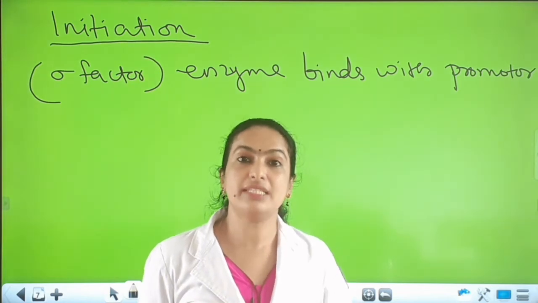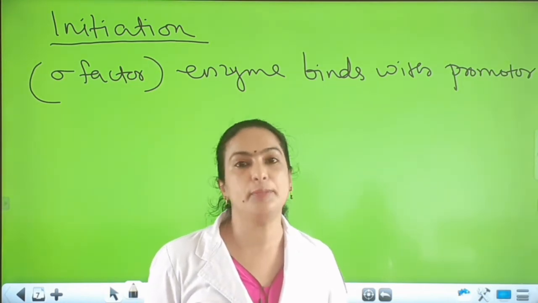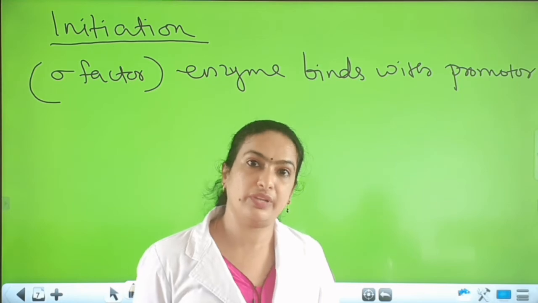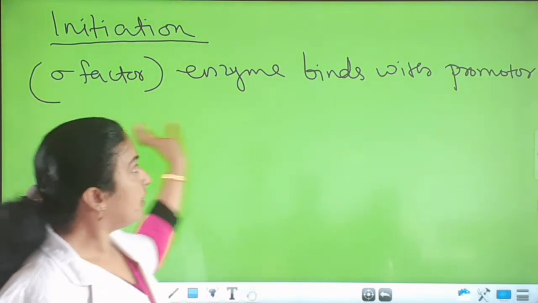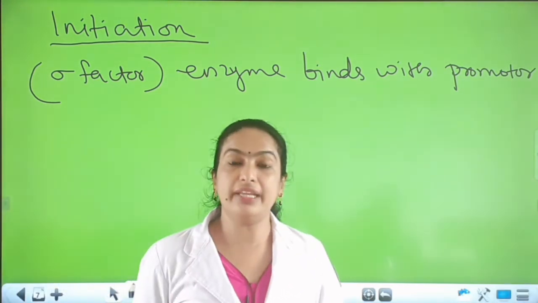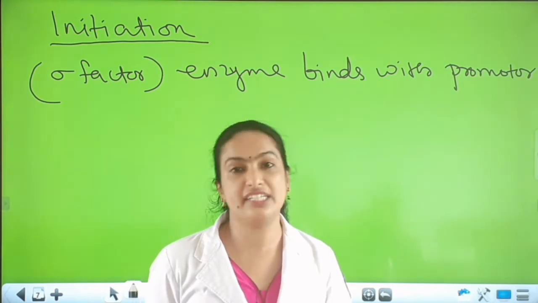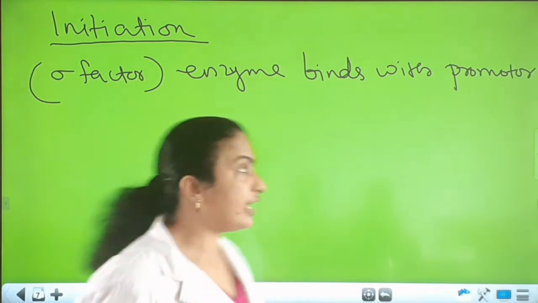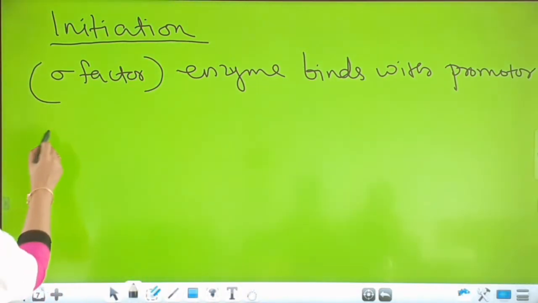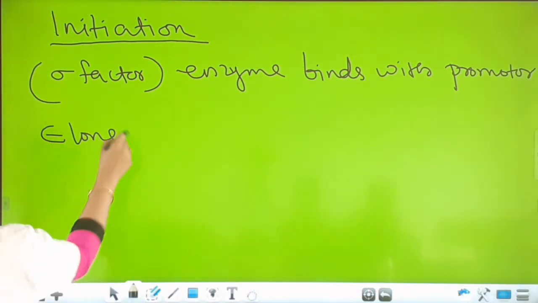And the enzyme name is DNA dependent RNA polymerase enzyme. Okay, so after initiation, there is an unwinding of double-stranded DNA and one of the DNA strands acts as the template strand. And next we can see the second step, elongation.